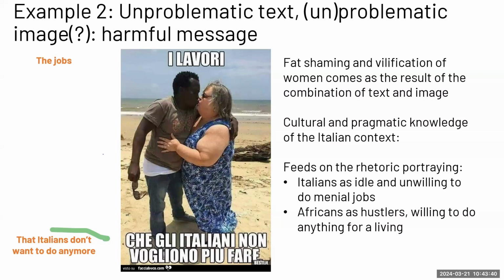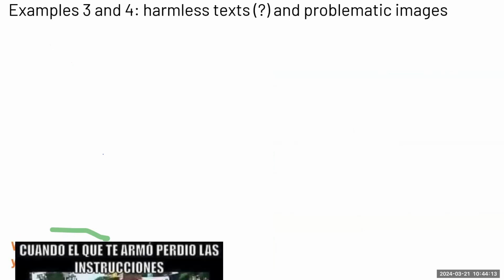So there's a paradoxical attitude: we don't want to do some menial jobs, but we don't want African people stealing our jobs. So there's this sort of ambiguity. Then women are here considered as sex exploiters, because this lady seems to be somehow forcing herself on the guy. So this is again a problematic representation.